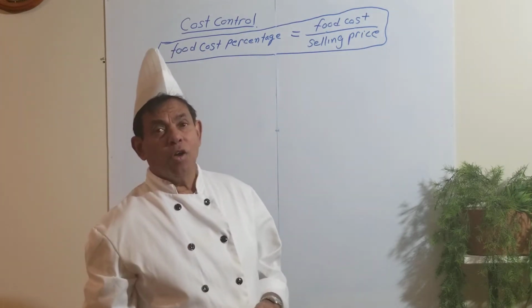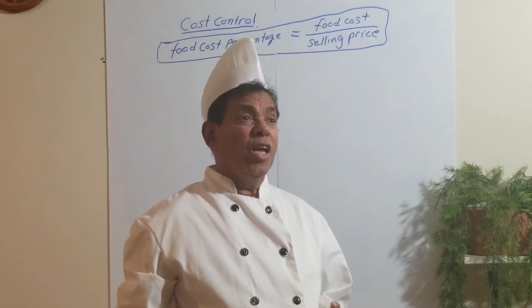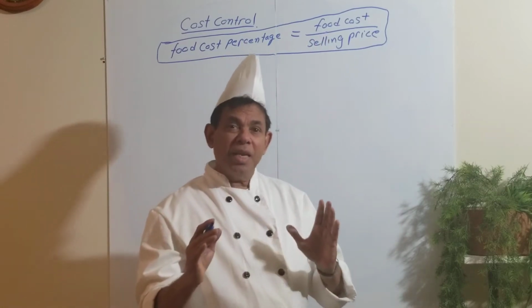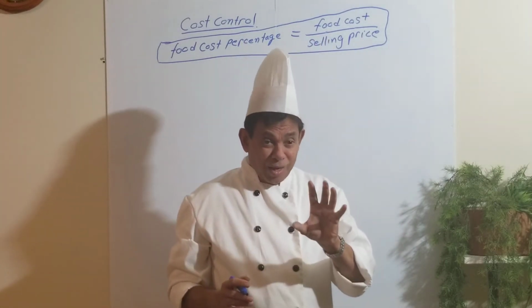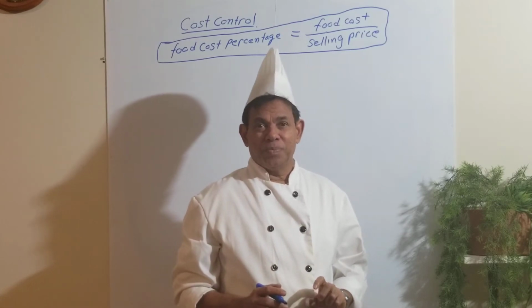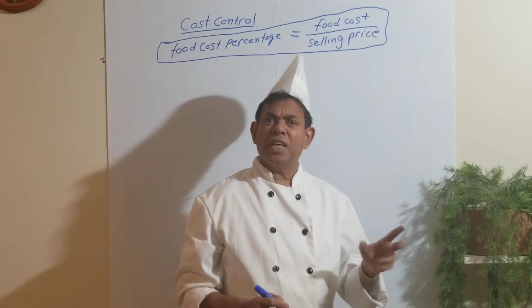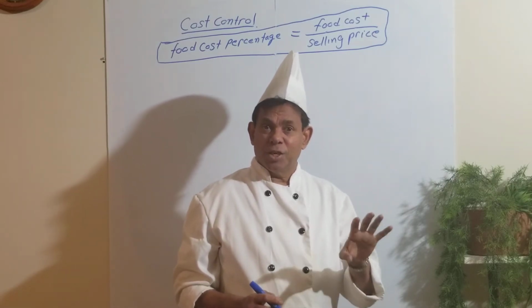In a kitchen, the food cost percentage is a constant figure for a certain period of time. Everybody asks, how is the food cost percentage of the kitchen? Of the kitchen, not the food.